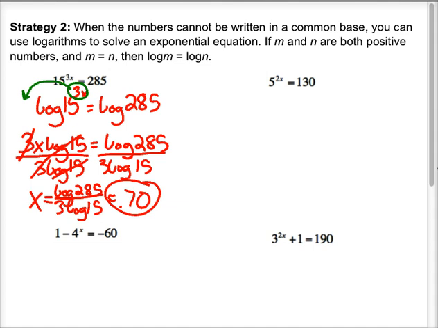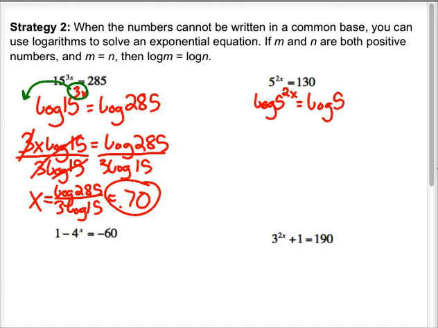Now the cool thing is, this is kind of the structure of all problems of this second strategy, all right? So you isolate the exponential part of the equation, log both sides, and then rearrange from there. So let's see it again in action. So here, 130 can't be written as a power of 5. So I'm going to log both sides of this equation.